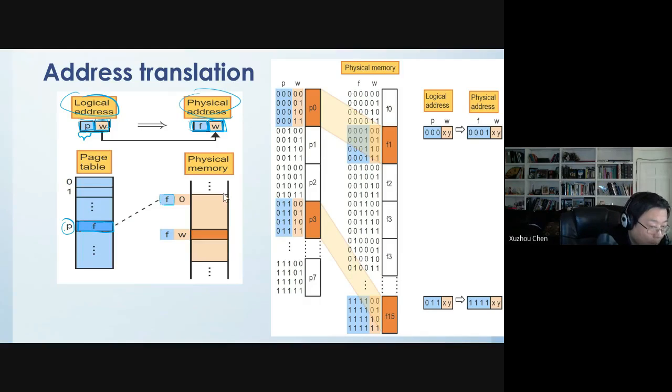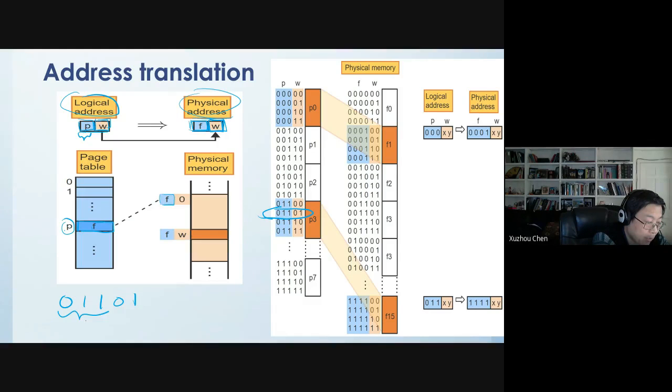Now let's take a look at another example. That's the last example I want to talk about. Let's say, what is the corresponding physical address for this logical address? Can you tell me? What's the page number?